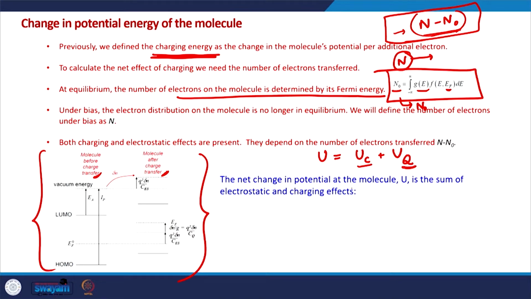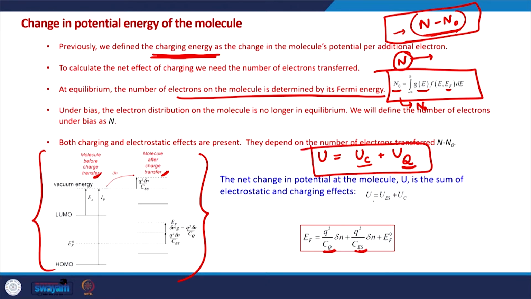The charging energy is modeled by the electrostatic capacitance, and the state filling is modeled by the quantum capacitance. So this discussion we have had now multiple times. So finally the total change in the potential energy can be written as a sum of these two components, and these two components are essentially written here.